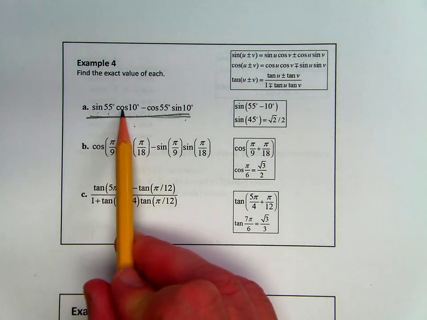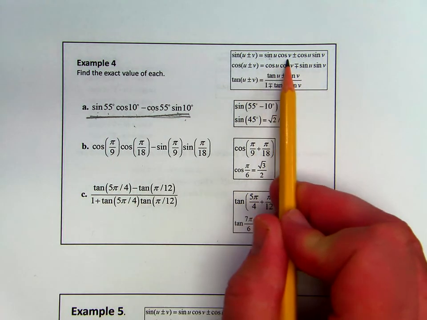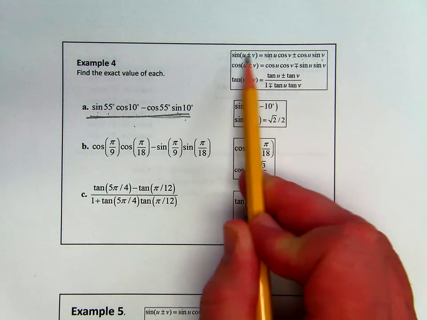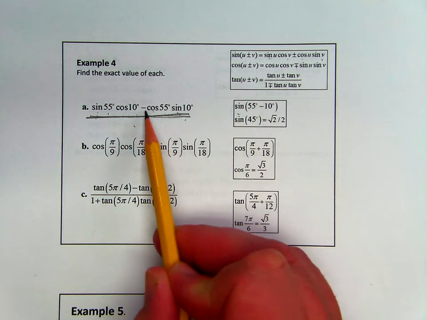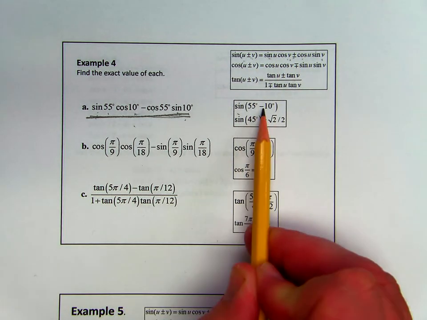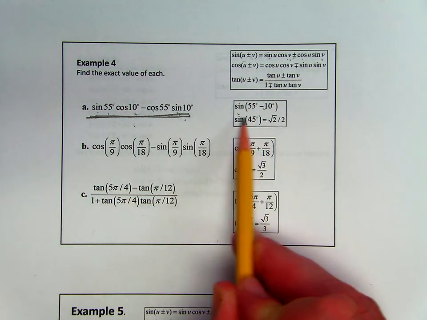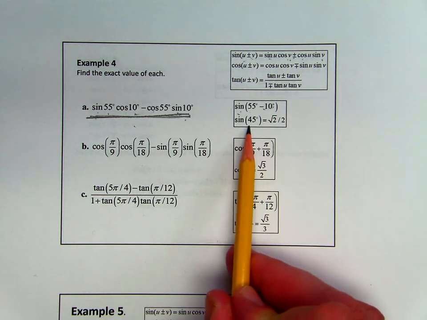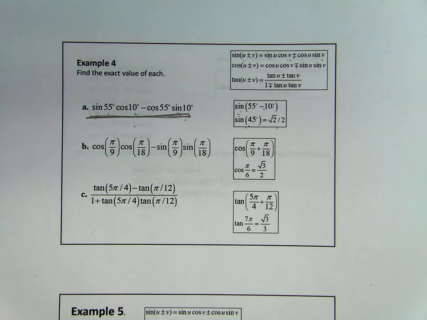Sine, cosine, cosine, sine. This corresponds to the sine version. And specifically, these have the same sign, so if that's a minus, that's a minus. So this is the same as the sine of 55 minus 10, or the sine of 45 degrees. That number comes right off the unit circle.